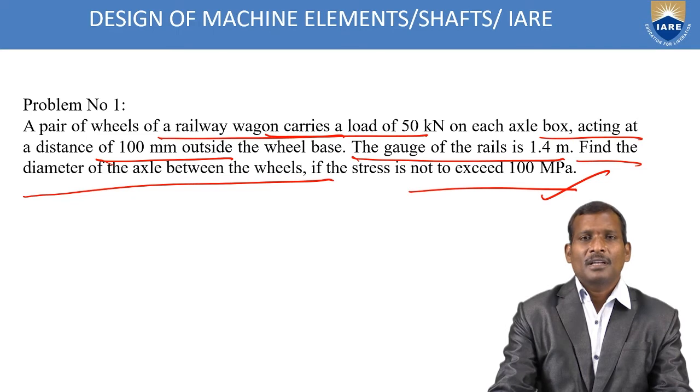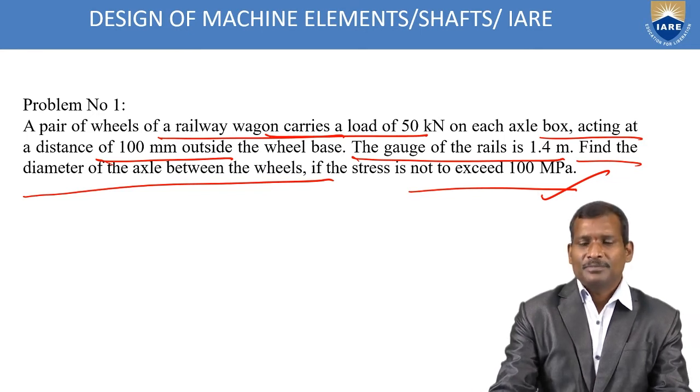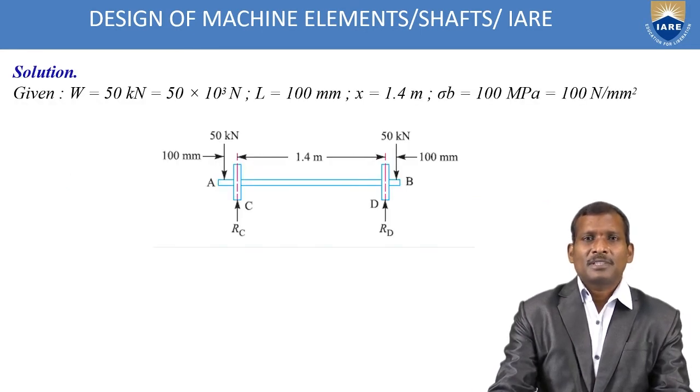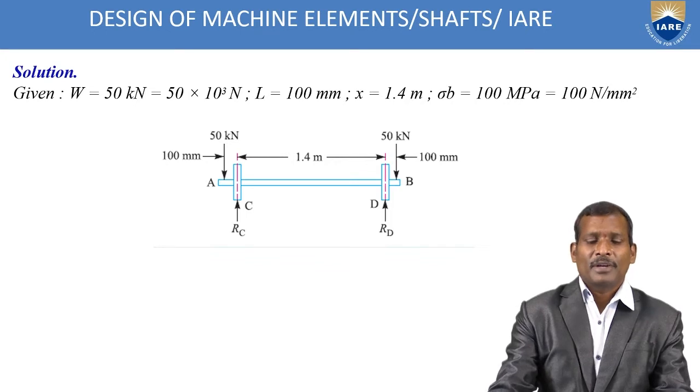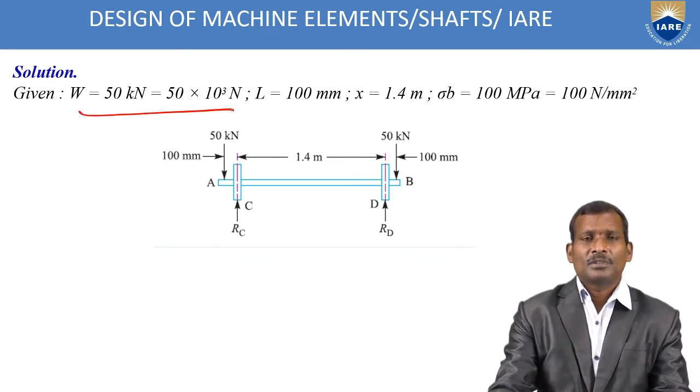First you should draw the space diagram, then analyze what forces are acting and calculate what stresses are induced in this axle. So the first step is the given data. Write down the given data. The load is 50 kilonewtons; you can convert into newtons.